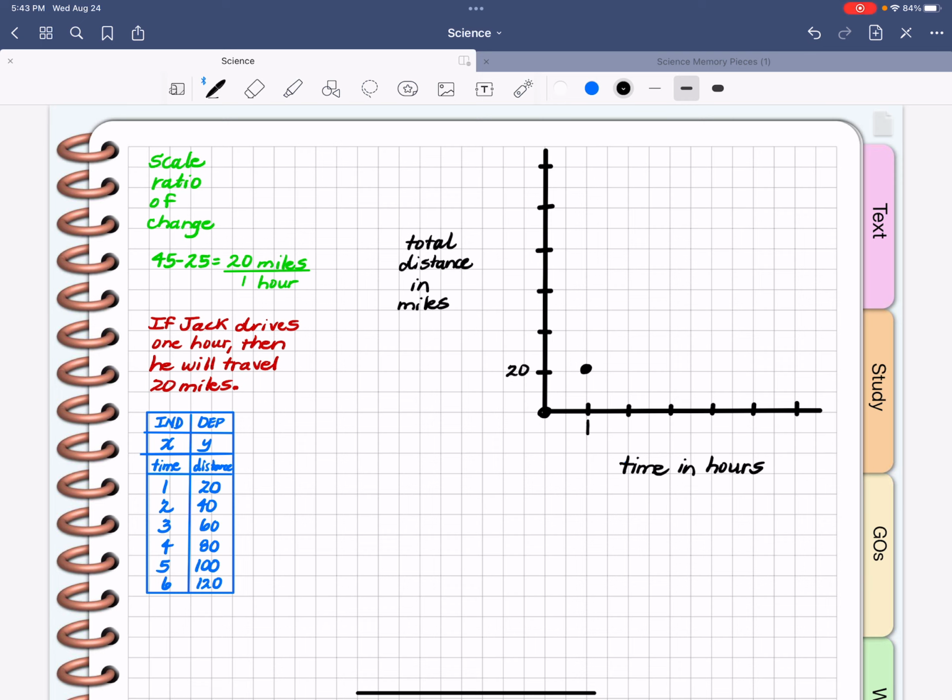Because remember, we're not worried about slowing down and speeding up. We're looking at that rate of change, that ratio of change. So 2 would put him at 40. And you see that old familiar pattern starting to emerge again of a positive slope.